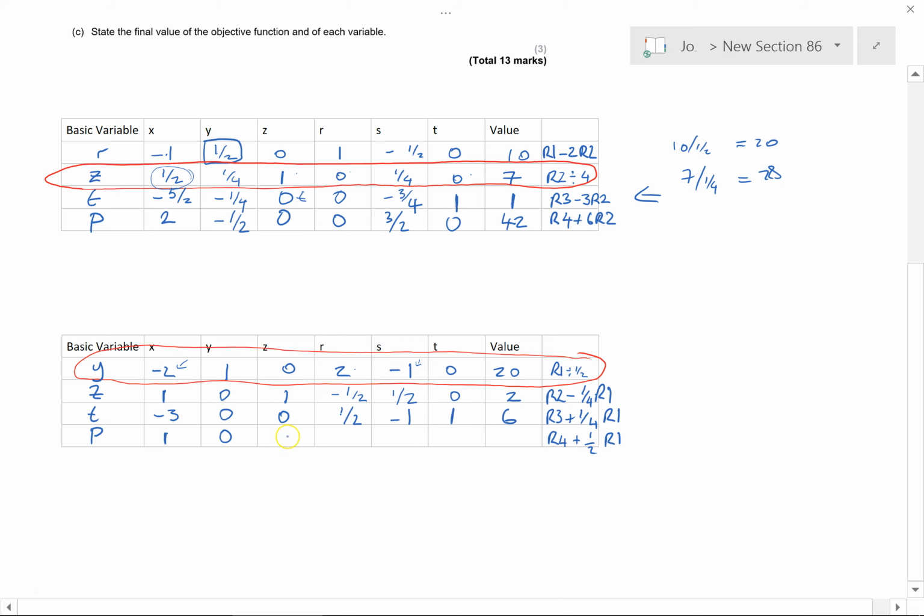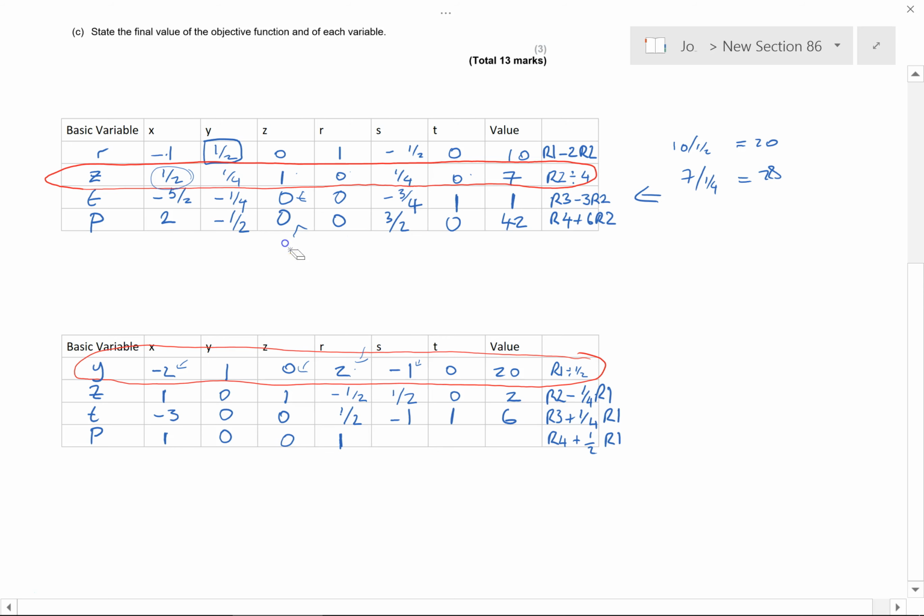This number here is equal to 0, and there's a 0 here, so this number is still 0. Okay, this number here is equal to 0 plus a half times 2, so that number is equal to 1.